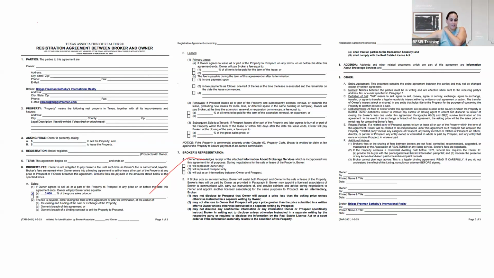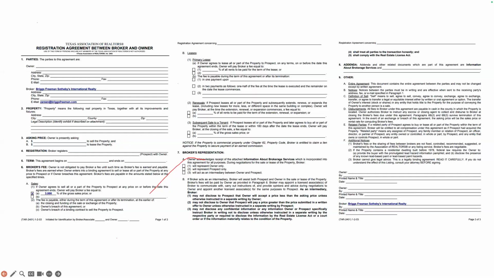I could present this to my neighbor and say, hey, I'm going to represent you for this amount. And Compass is going to represent the buyer for this amount. And it kind of is like a mini listing agreement, I would say. Or it could just be approaching a FSBO and it's a mini buyer's rep agreement in which the owner is agreeing to pay you as the buyer's rep. Done.